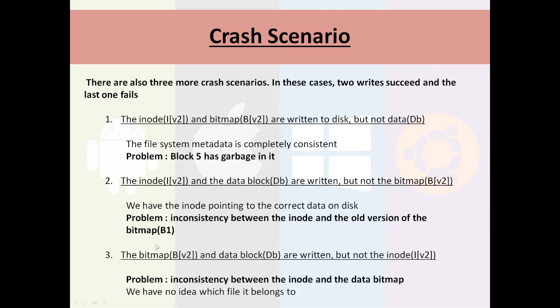Thirdly, you could have the last case, which is the bitmap and the data block being written, but not the inode. So here we have an inconsistency between the inode and the data bitmap, where we have no idea which file it belongs to. So the block has been allocated, and there's data in that block, but we don't know which file that data actually belongs to, or which file points to that data.